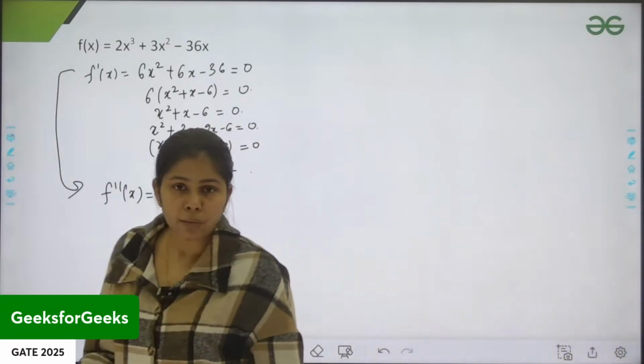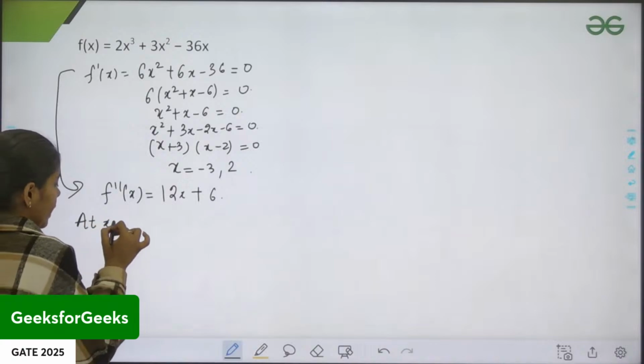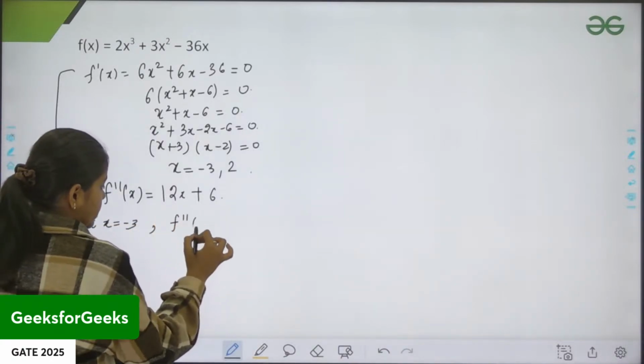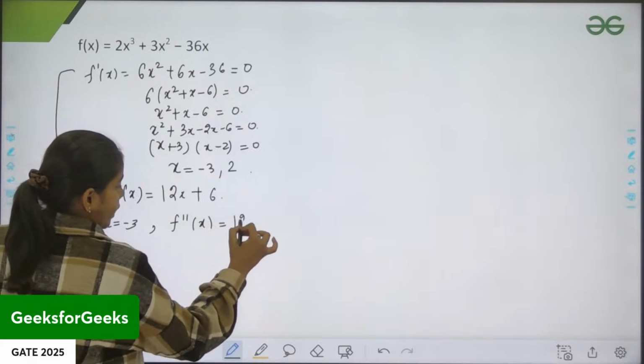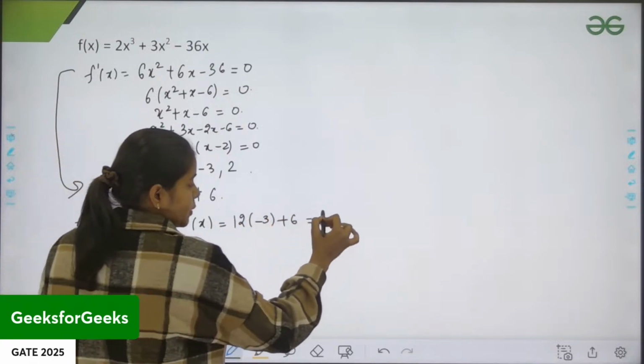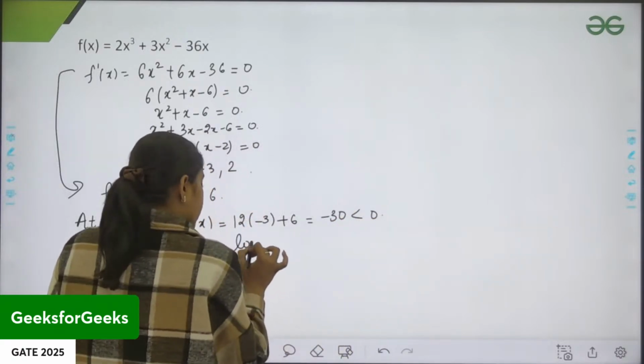So what would I do next? I'll take the point x equals minus 3. At x equals minus 3, f double dash x becomes 12 into minus 3 plus 6. That means minus 36 plus 6, that means minus 30. It is less than 0. So we have a local minima.